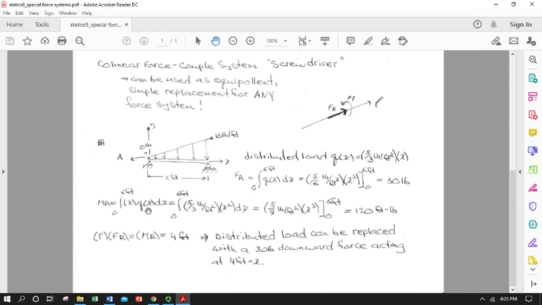So this expression q sub x times x is a little bitty moment due to an infinitesimal slice of this distributed load at a given radius from point A. So the moment of the sum is just, here's our force sum, we're going to put it at a single place. So this is just an integral enabled way of applying the definition of moments to a continuous distributed load.